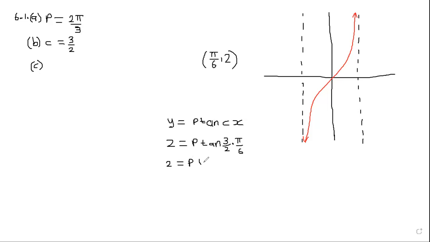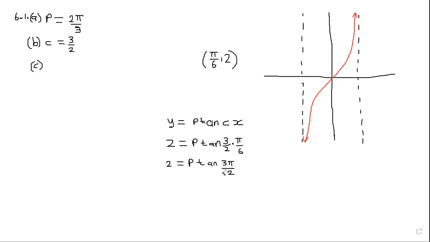So 2 equals P tangent of 3 times pi, which is 3 pi, over 2 times 6, which is 12.